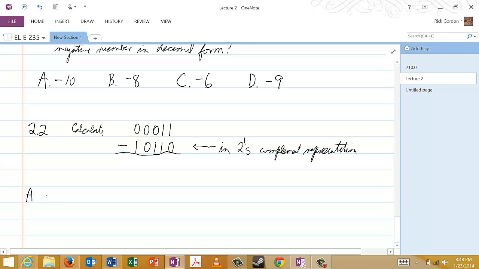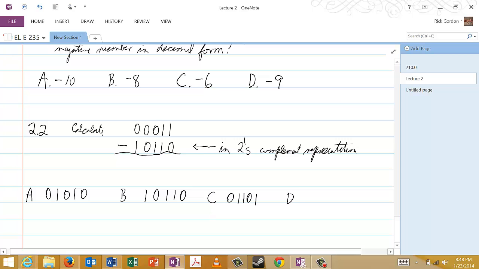Is the answer 0, 1, 0, 1, 0? Or 1, 0, 1, 1, 0? Or 0, 1, 1, 0, 1?